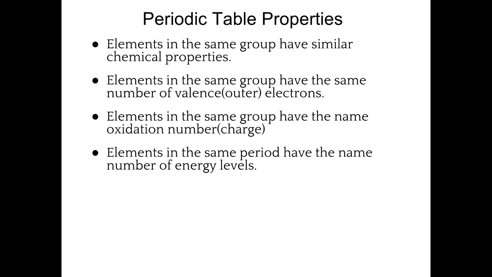Elements within the same group have similar chemical properties. So all the elements in group 1 have similar chemical properties. Elements in the same group also have the same number of valence electrons. Elements in the same group have the same charge.